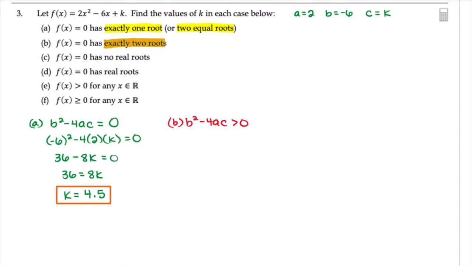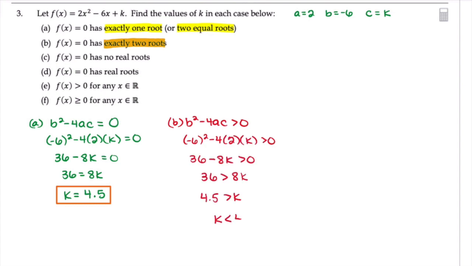So let's plug in the value of b, a, and c and evaluate for k. And we get very similar numbers, right? Because we are dealing with the same a, b, and c value. If the k value is less than 4.5, so let's say k is equal to 4, this case would occur.